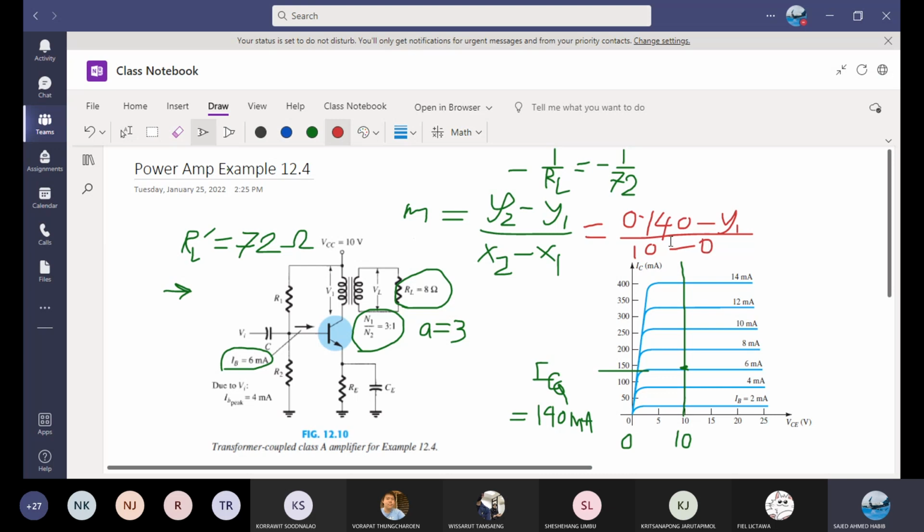What value do you get at that point? I think you're going to get about 280 or 279 milliamp. So I'm waiting for you also to check my solution. Sometimes I can also make mistakes. You get 279 milliamp or 0.279 for y1.